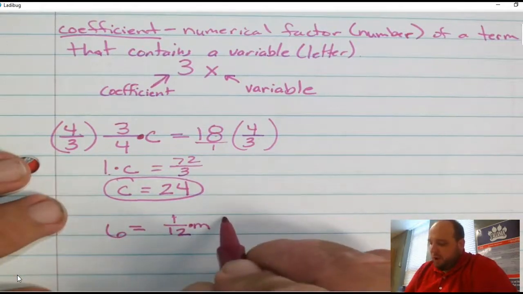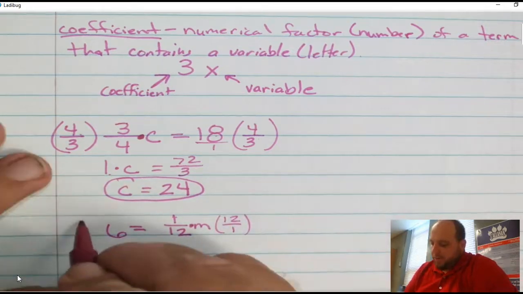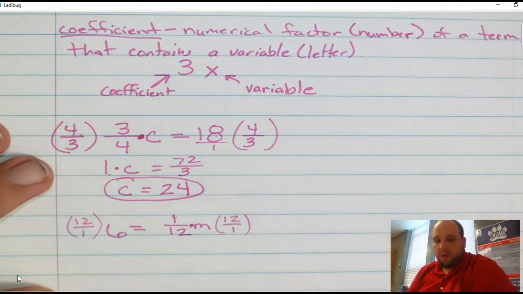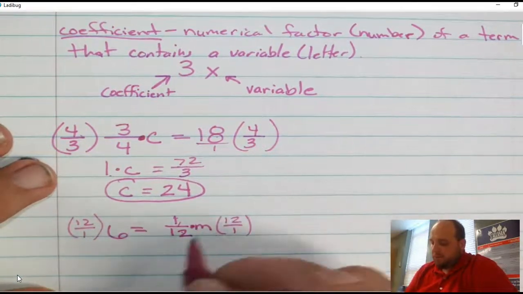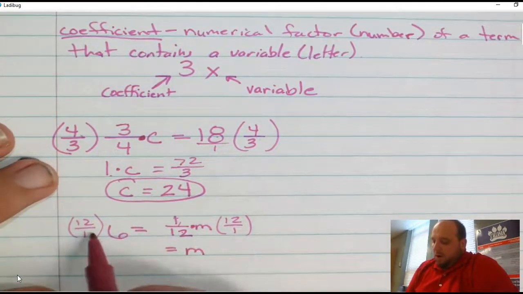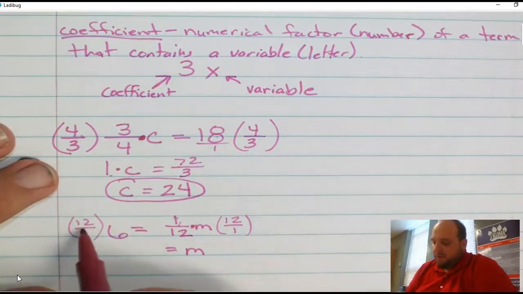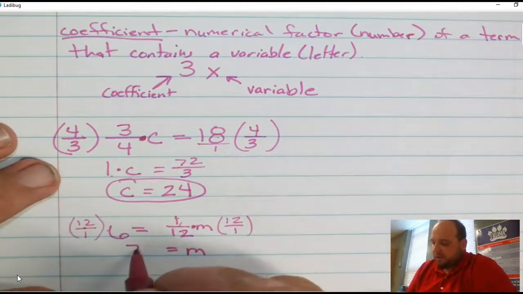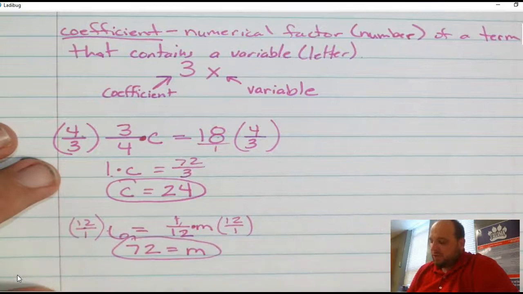It would be 12/1. So I'm going to multiply both sides by 12/1. When I take 1/12 times 12/1, I end up with 1. 1 times m is m. Over here, 12/1 is also 12, so the problem is 12 times 6. What's 12 times 6? It's 72. So my answer is 72 equals m.